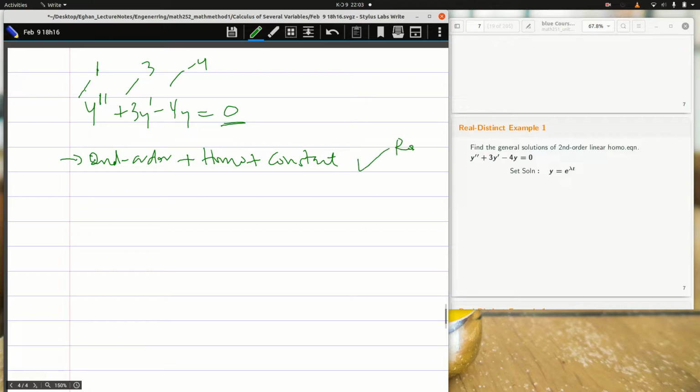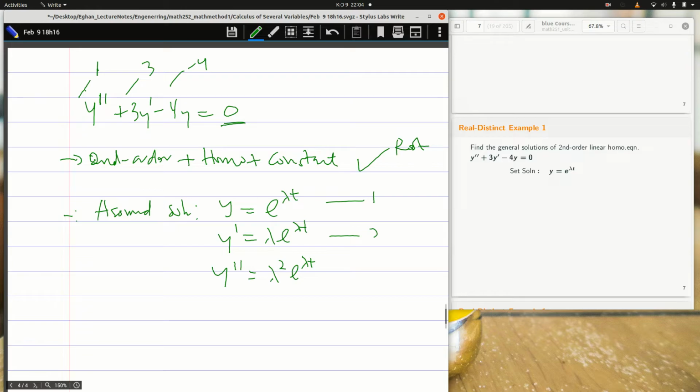How do I do that? First, I take my assumed solution, which says y is equal to e^(lambda t). Because it's of the second order, I differentiate it twice. So first derivative, I have that. Second derivative, I have that. Equation 1, equation 2, equation 3.